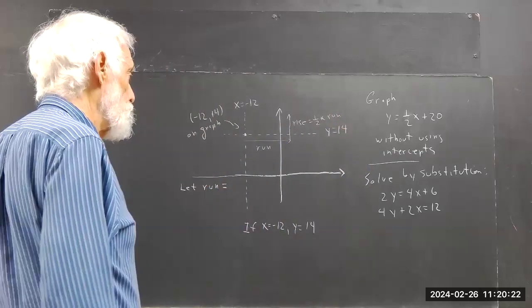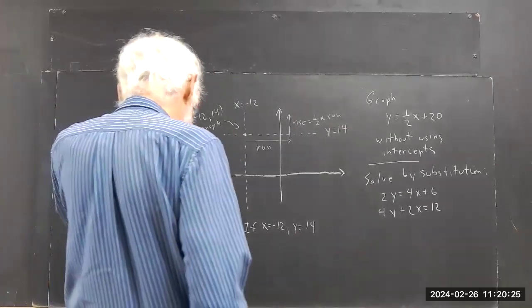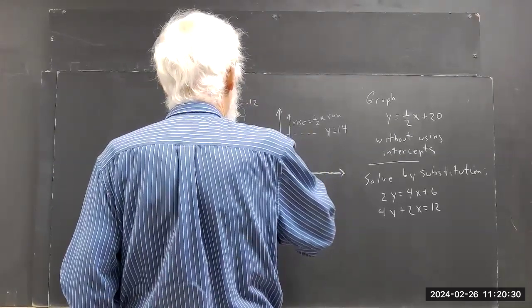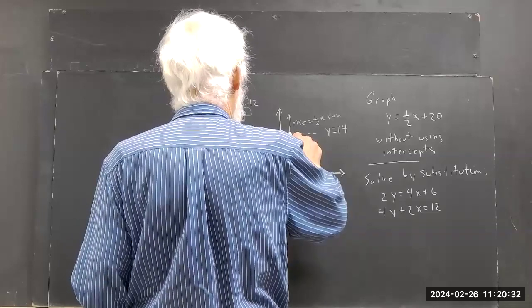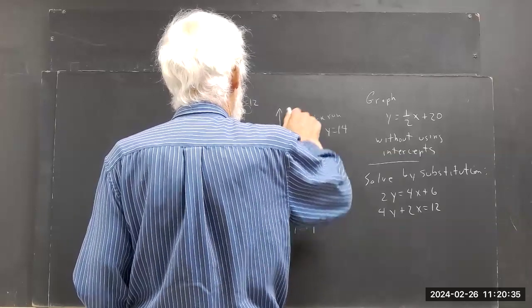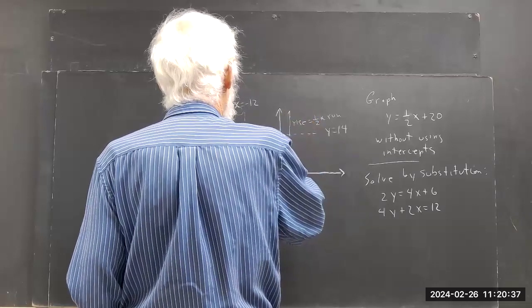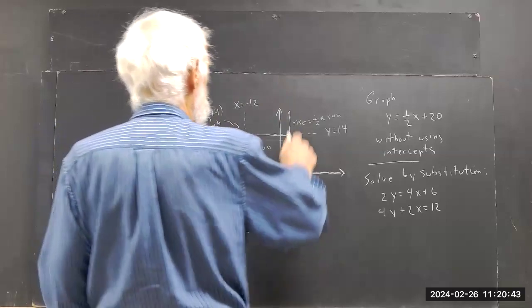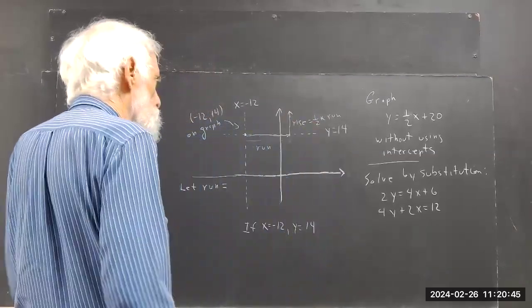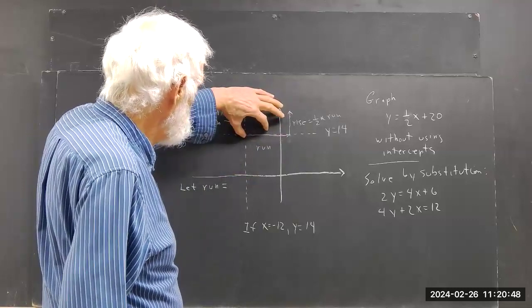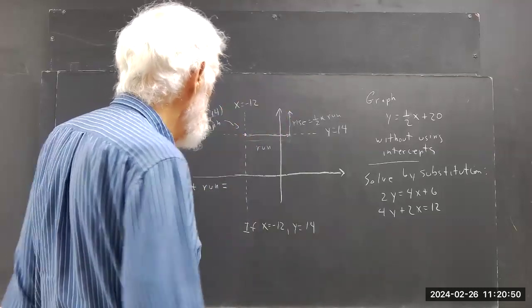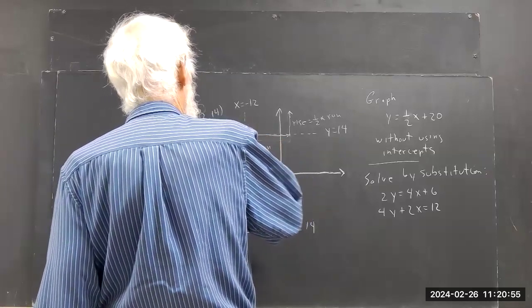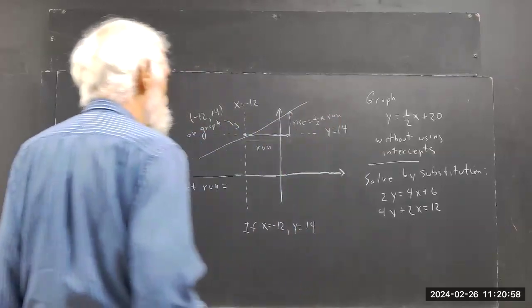The rise ought to be about half of the run. I usually draw the run and the rise from the point. I chose not to do that, probably no good reason. Okay, so the rise might look about like this. So this would be our graph. So the graph ought to go through these points.